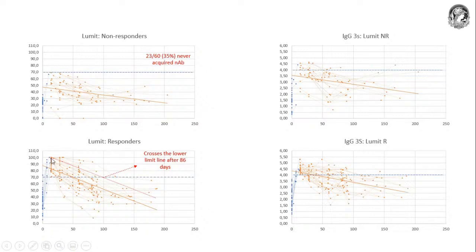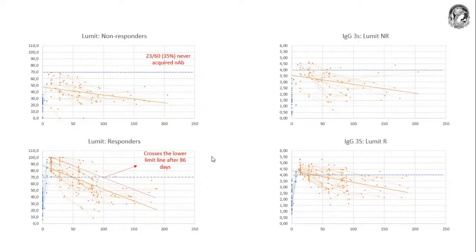of this assay, then it would take them 86 days after reaching the peak to lose the antibody, to cross the 70% line. So basically this is how long individuals get protected if they reach the top level of the neutralizing antibody after being immunized with CoronaVac.